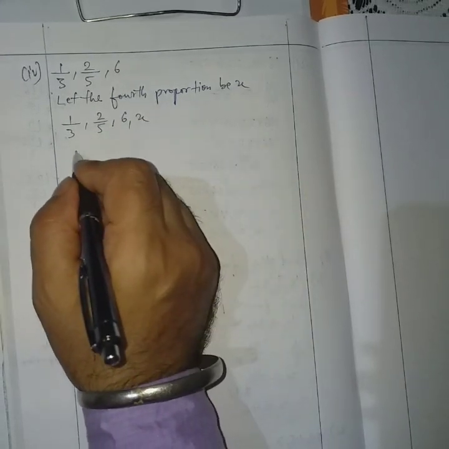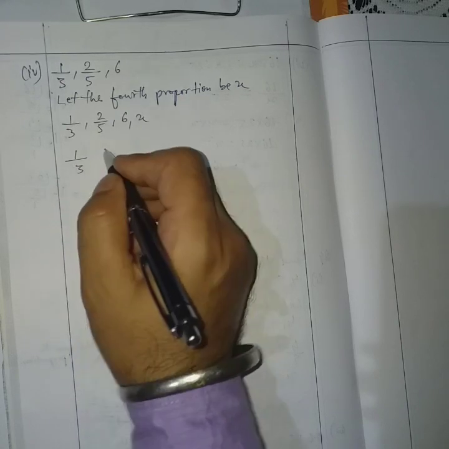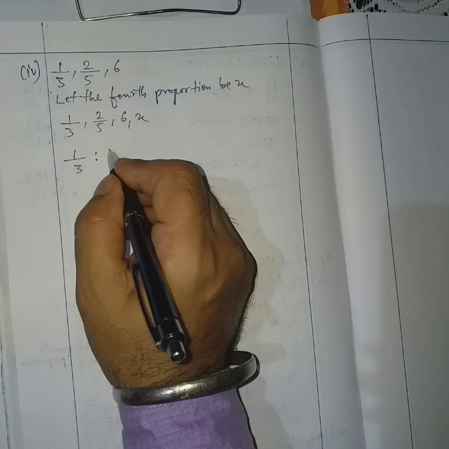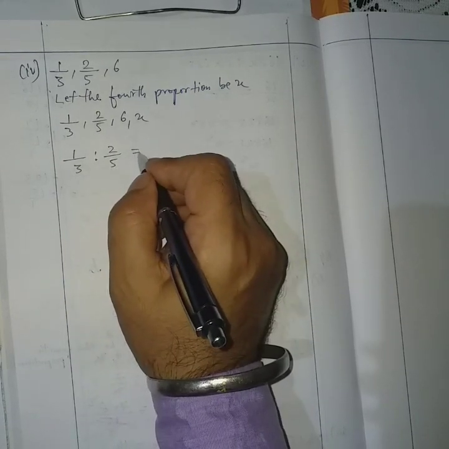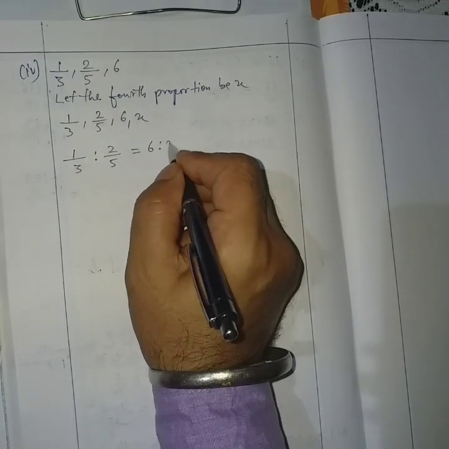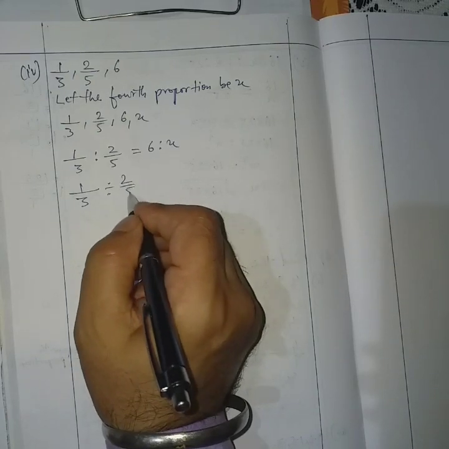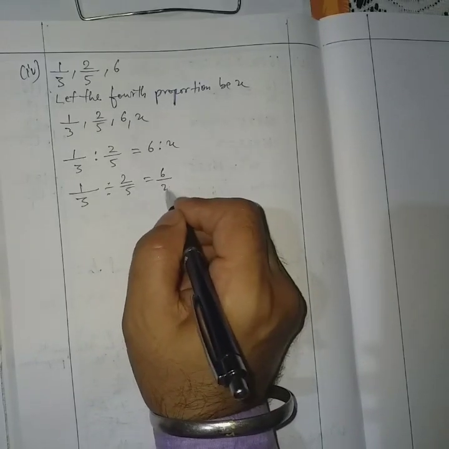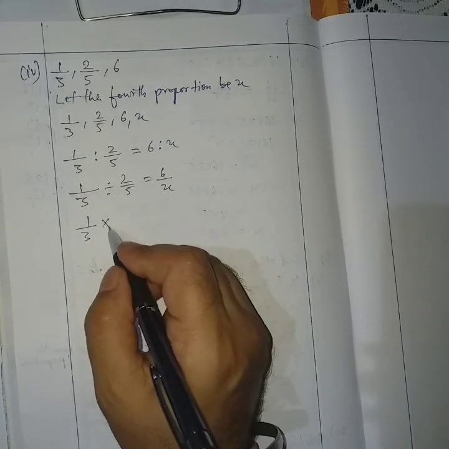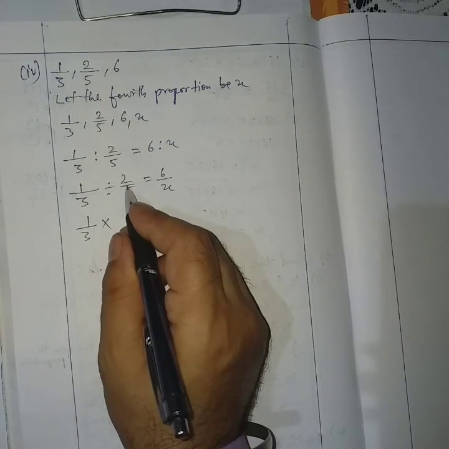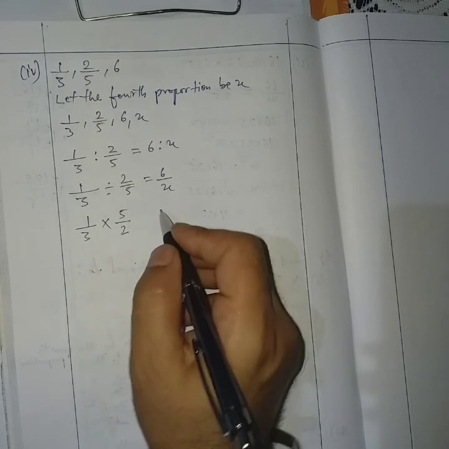If they are in proportion, then this will be true: 1 by 3 is to 2 by 5 is equal to 6 is to x. So we can write this as 1 by 3 divided by 2 by 5 is equal to 6 by x. This side 1 by 3, a little simplification: the division changes to multiplication, and this 2 by 5 becomes 5 by 2 as the reciprocal.